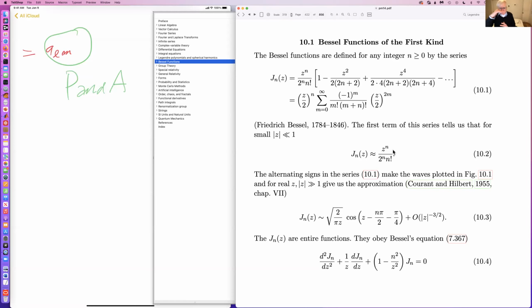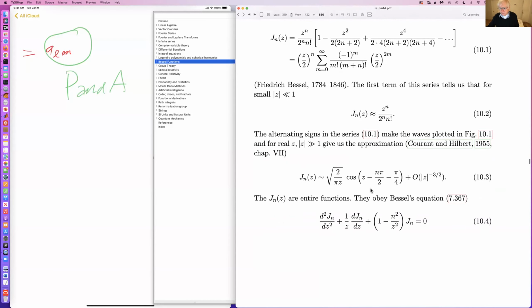So the boundary conditions are sort of a step function. For n equals 0, it's 1. For n a positive integer, Jn of 0 is 0. Because these signs alternate, and that's the (-1)^m, you get waves.